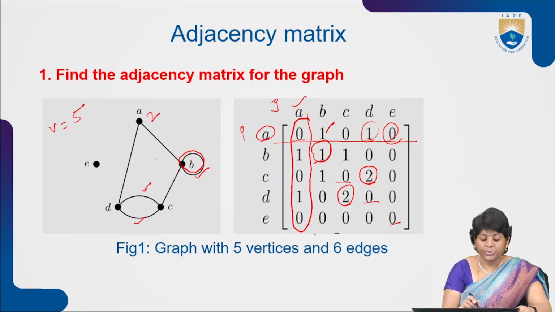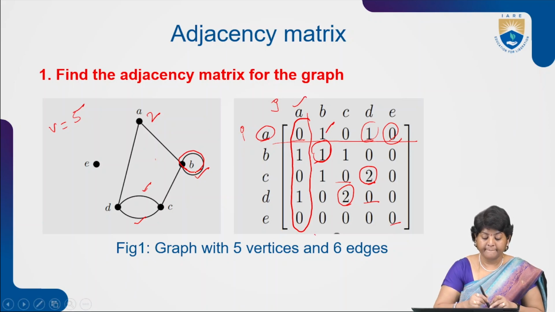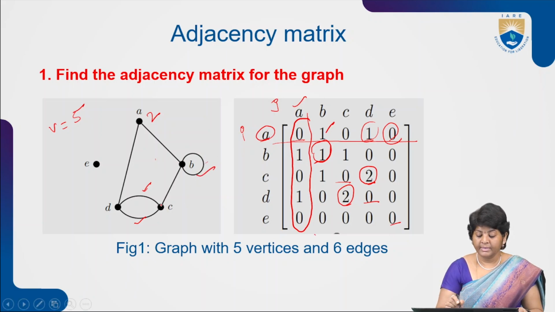Now, check with vertex B. 1, 2, 3. The degree of this is 3. And now check with this: 1, 2, 3. See, 1 plus 2, 3.